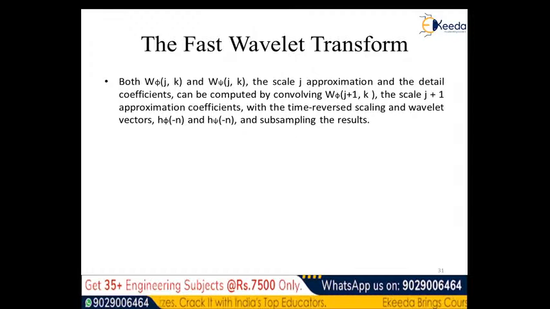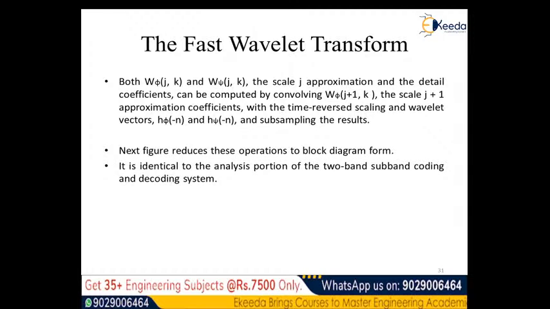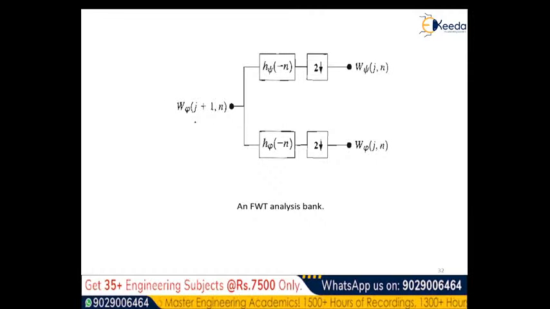Now let us have the visualization of one figure that reduces the operations, and that is of course shown in the block schematic format here, and here it is identical to the analysis portion of the two band subband coding and decoding system here. So here we visualize the fast wavelet transformation analysis bank here. So here it is one step here.